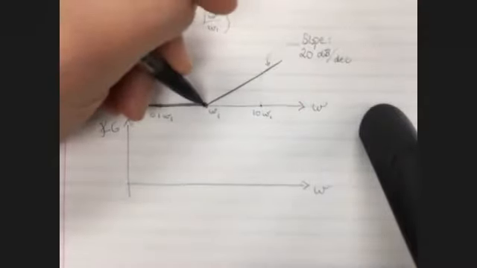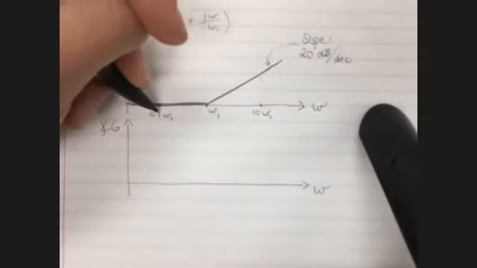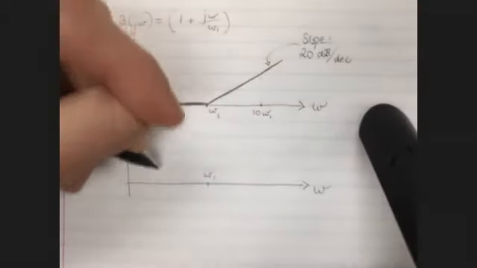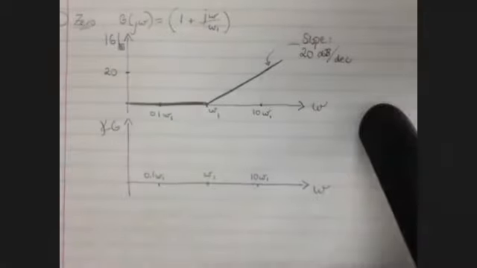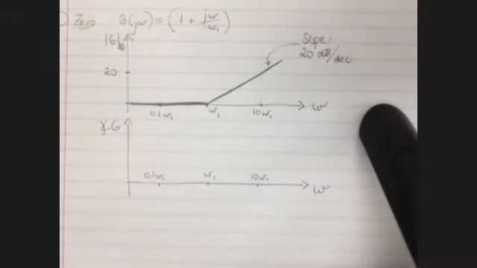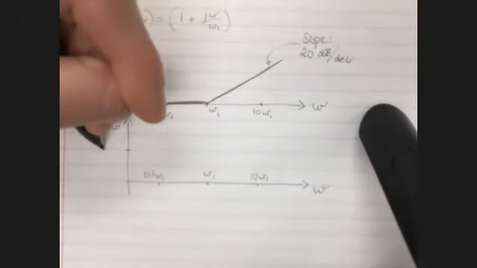Then what else? Here on the phase, what we do is we mark these three: the omega 1, the 0.1 omega 1, and 10 omega 1. So mark those three. And basically what's going to happen is that the 0 is going to contribute 90 degrees of phase, plus 90 degrees.